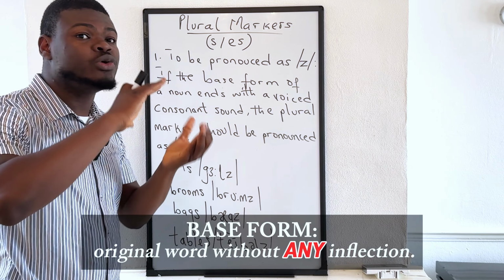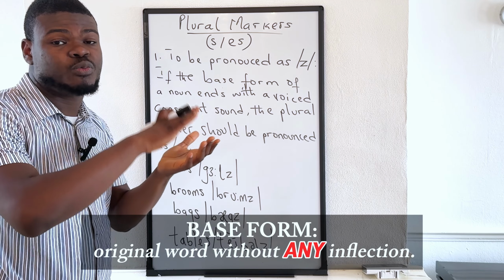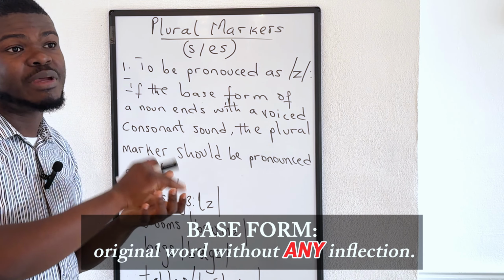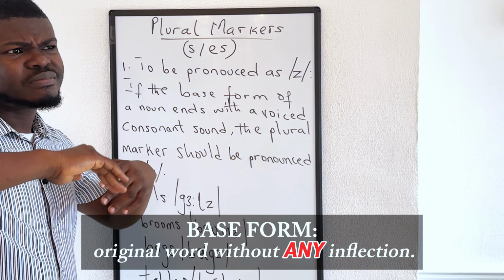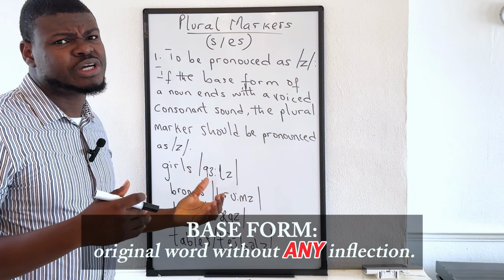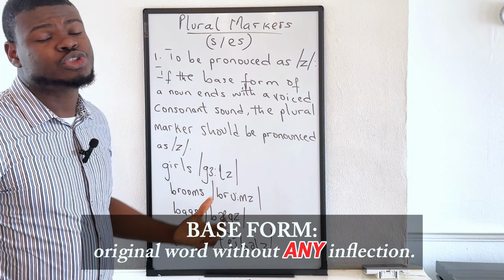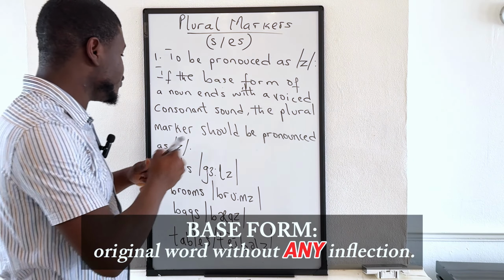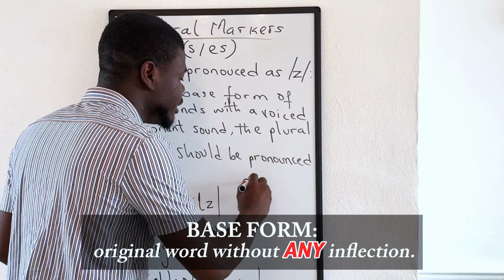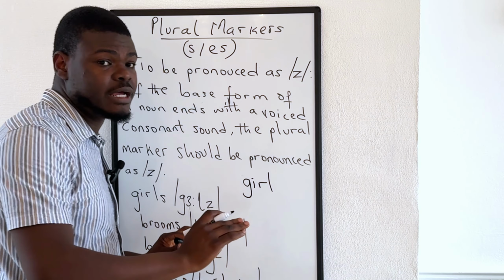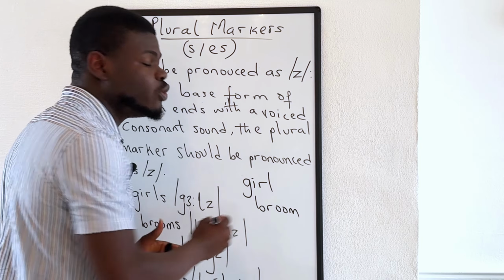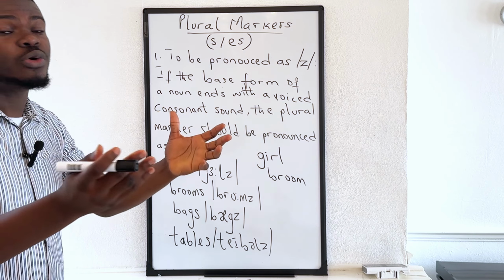That means the original word without any inflection, the original word before you add maybe S, or any other thing that you add to it to form a new word or to show plural, to show past tense or whatever, yeah? So the base form of a word, like the word girl in its base form, that is girl, yeah? Like the word broom, that's what we call base form. So the word in its original form, yeah?